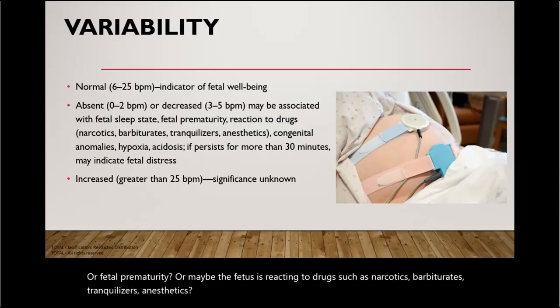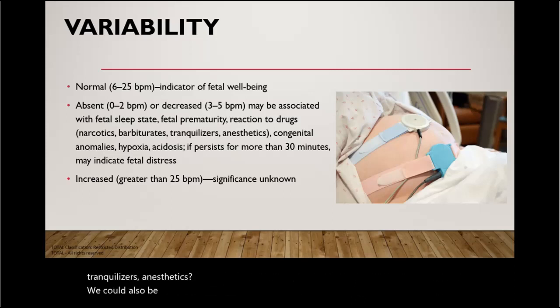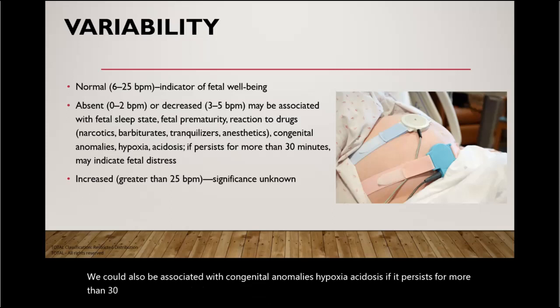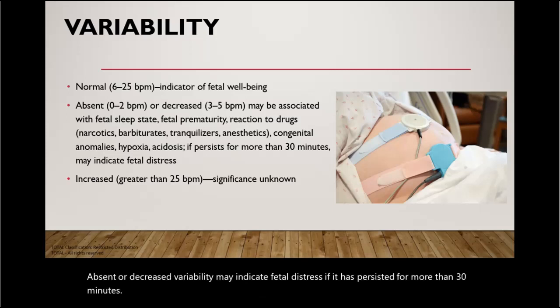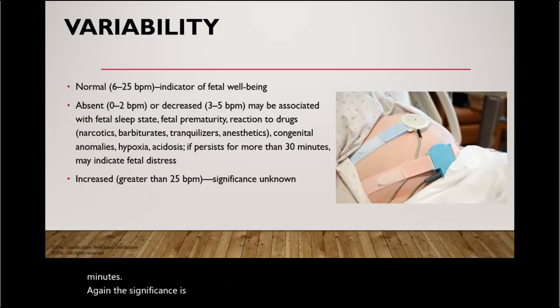It could also be associated with congenital anomalies, hypoxia, acidosis. An absent or decreased variability may indicate fetal distress if it has persisted for more than 30 minutes. But again, the significance is not known when it's increased above 25 beats per minute.